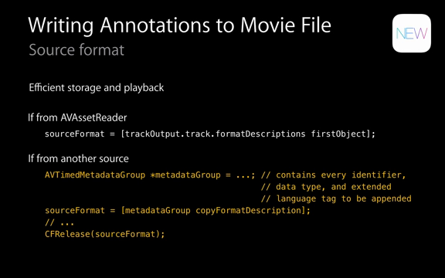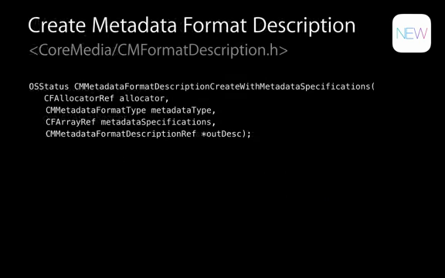It's important to note that if you go this route, you need to make sure that the contents of your metadata group are comprehensive in terms of it containing every combination of identifier, data type, and language tag that you are going to be appending. That is, it contains an item with each of those combinations. And of course, since the CMFormatDescription is a CF type, you'll need to CFRelease that when you're done. Of course, there's one more way you can do this.